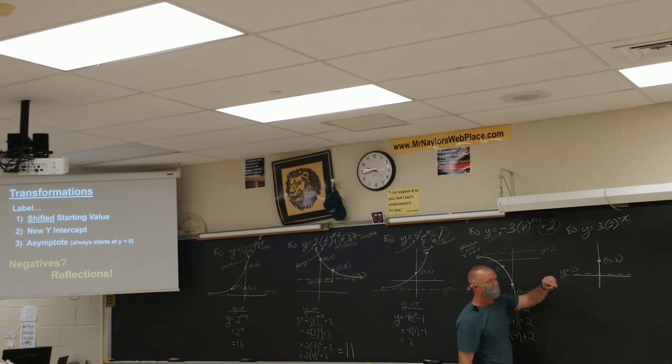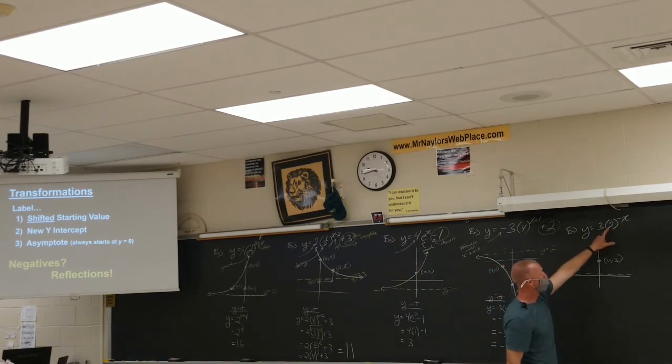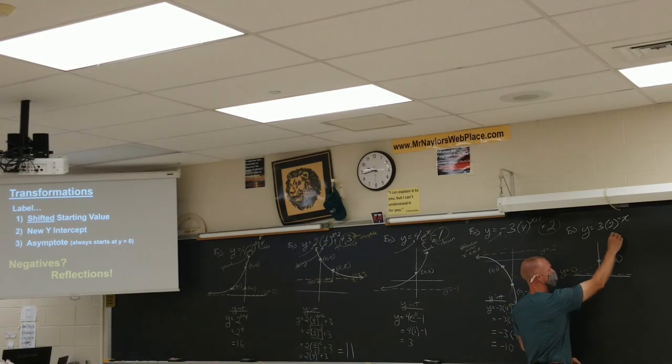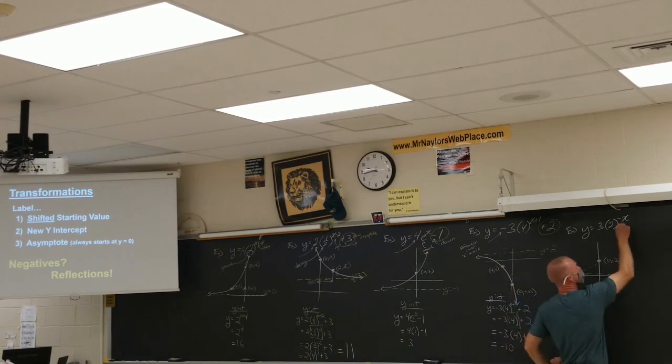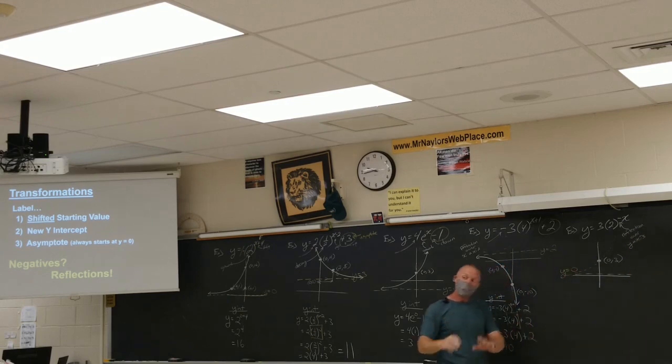Okay, now you ready? The only other thing is to think about the base. Now the base of 2 would have said growth. Growth would have once again been this dashed line. However, we have a negative. This time the negative is on x. Whenever you have a negative on x, it's always a reflection over the y-axis. Be careful, that's like the new thing for this problem.